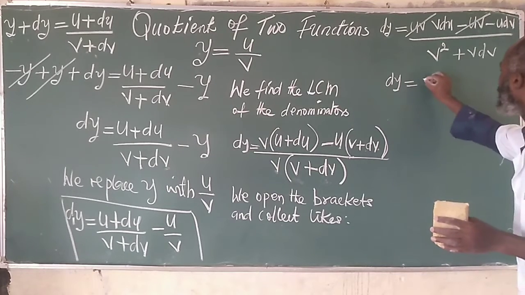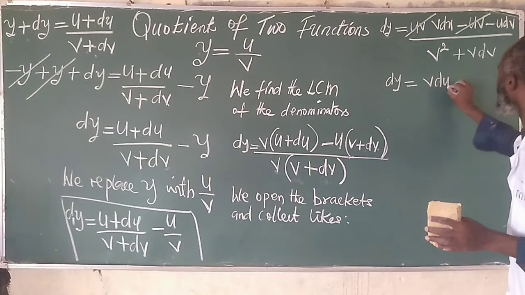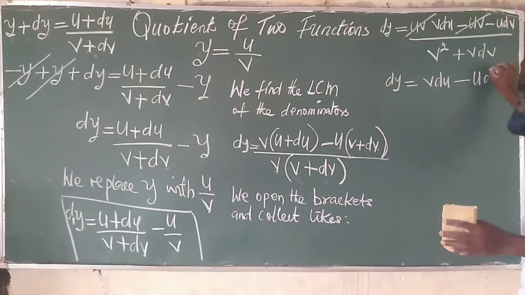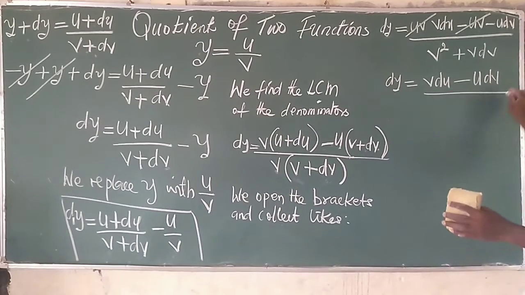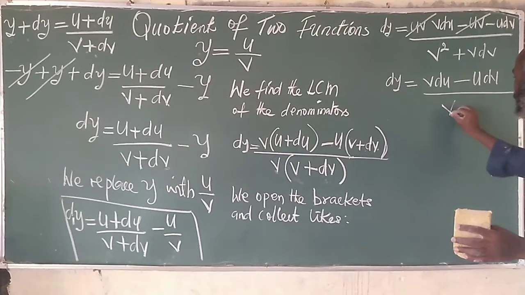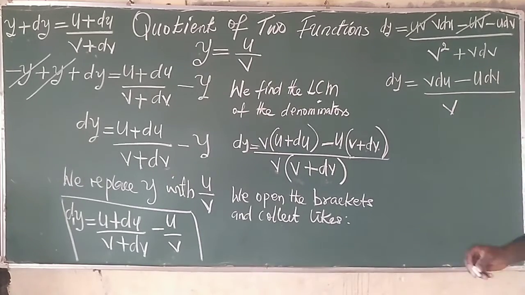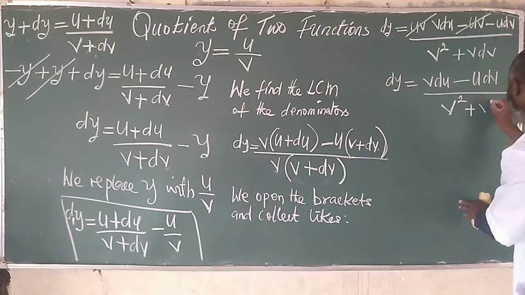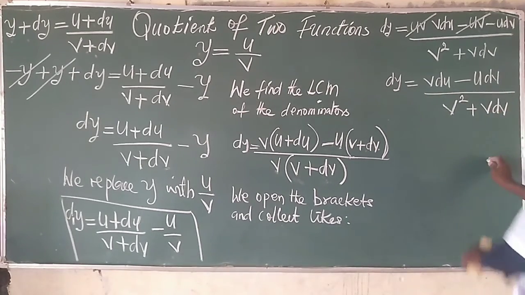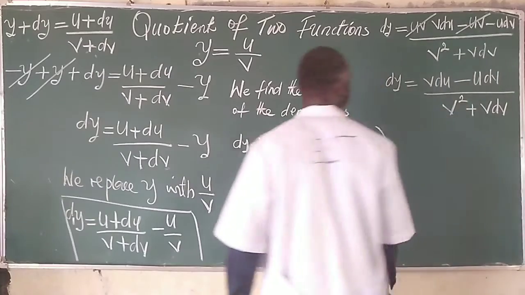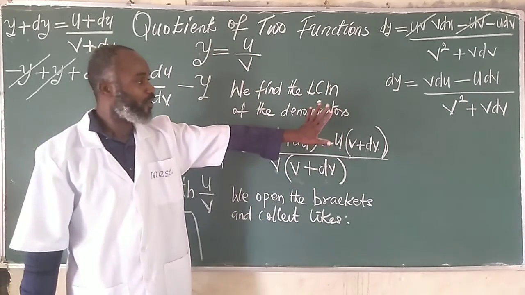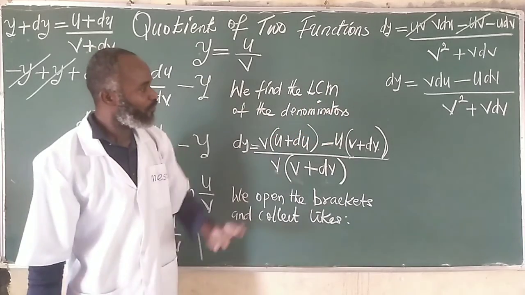And we are left with v du minus u dv all over v squared plus v dv, right? Very, very interesting. Look at this step. We are almost through. So let's go further.